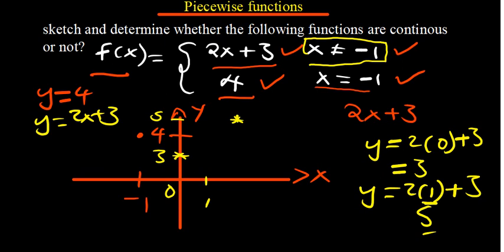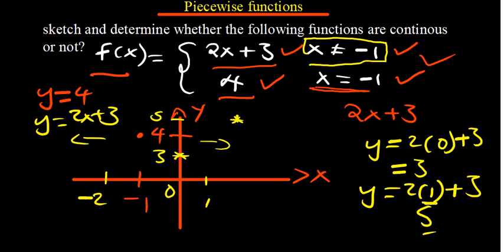Then how about -2? It's like going this side, to the left of the point -1. The only thing that is defining y is equal to 4 is only x is equal to -1. All the other x values are going to be defined by the other function there.